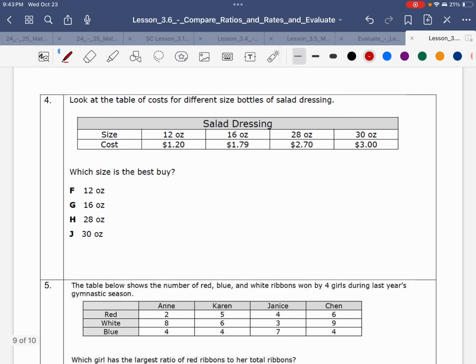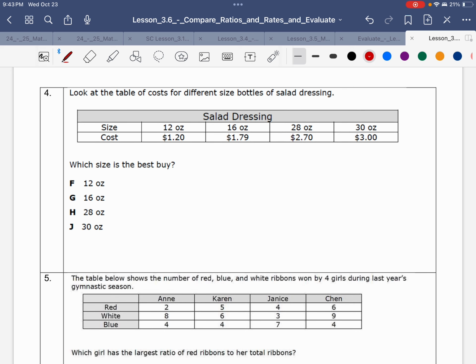All right, number 4, look at the table of cost for different size bottles of salad dressing. Which size is the best buy? So we can work these out real quick. A couple of ways that we can do this.